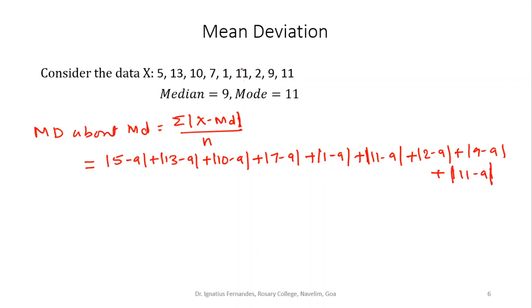So from each of these values we are subtracting the median, taking absolute values, and dividing by the number of entries, which are 1, 2, 3, 4, 5, 6, 7, 8, 9.